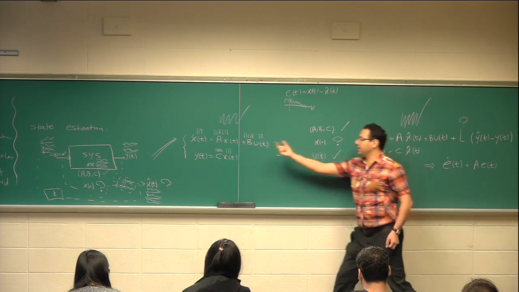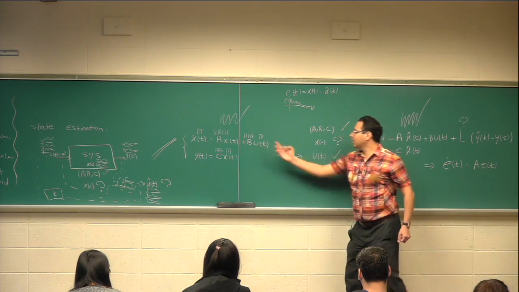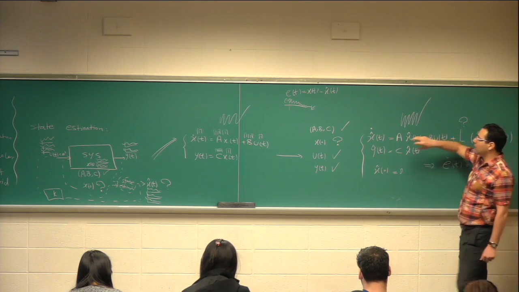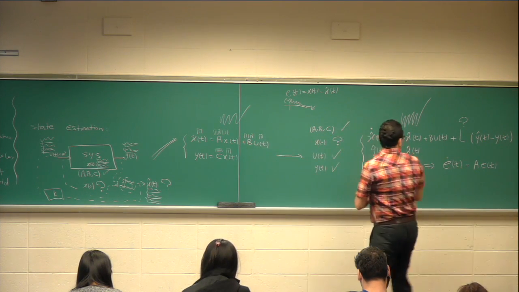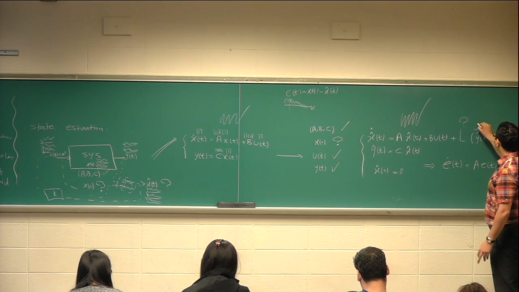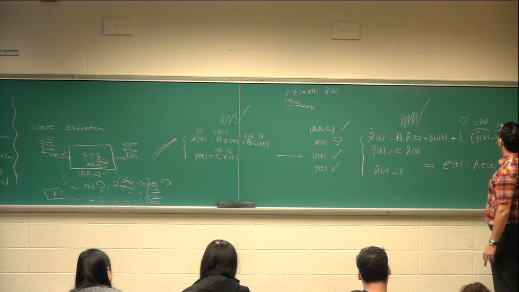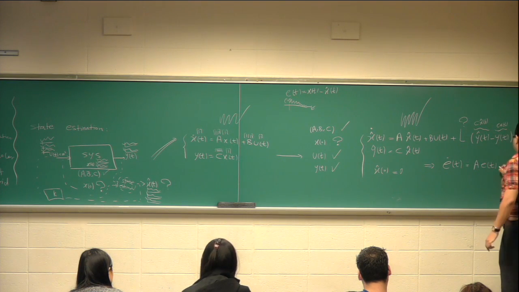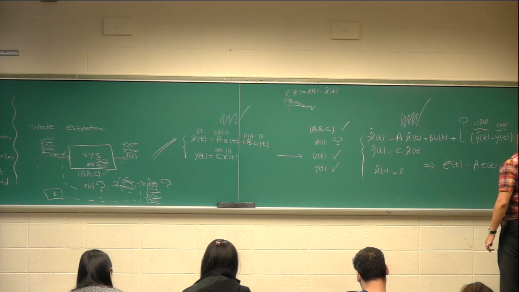This just cancels out this. So the input is not important. This input goes away. And look at this part. It's C x hat of t. This is C x of t. This is LC error. So plus LC error.